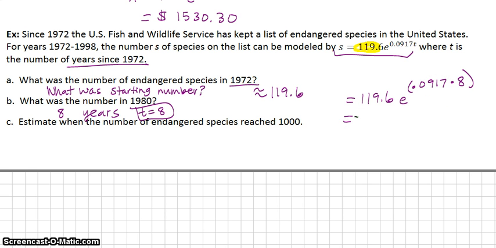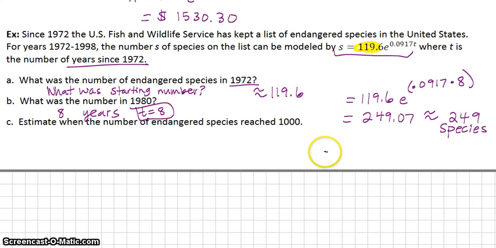If you type that into your calculator, you should end up with 249.07. So let's say approximately 249 species. It's kind of sad that in 8 years during that time period it increased to 249 species that were endangered in the US alone.